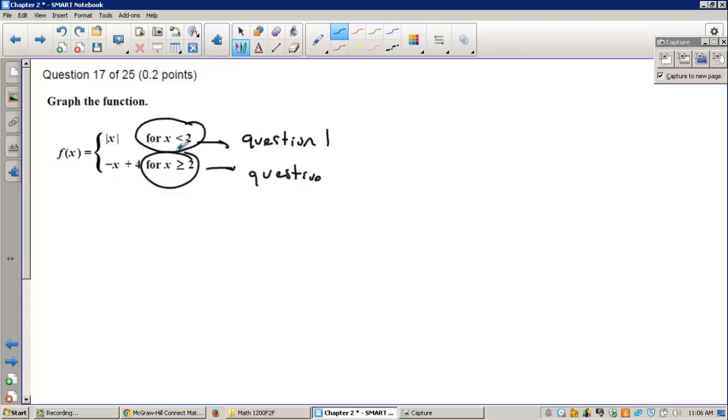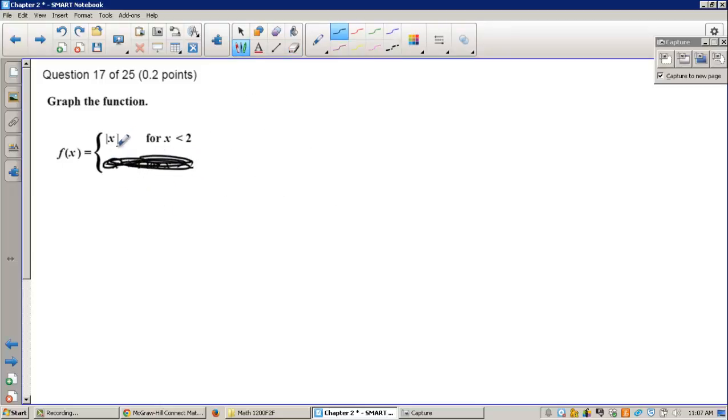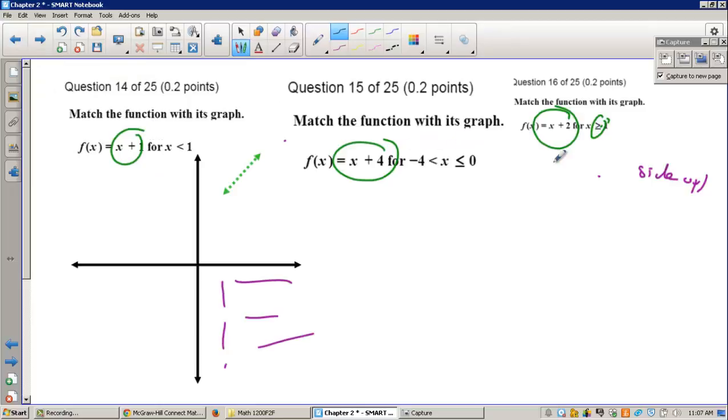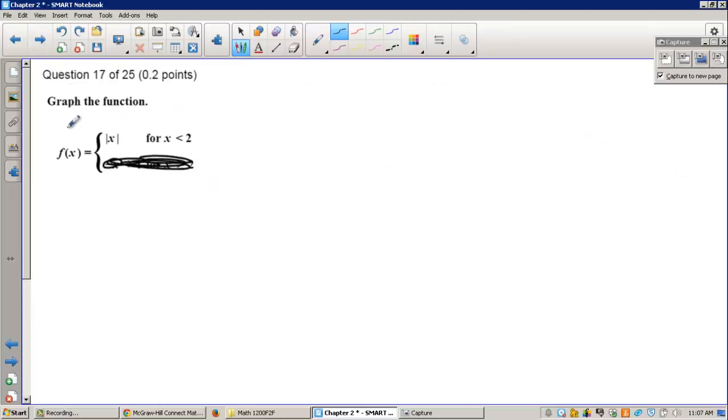Okay. So why don't we cover the second part and do the top one as you did in any of these questions. Sketch f of x equals absolute x for x less than 2. And for this you need to go visit the previous section 2.6, because this is one of the mother functions.